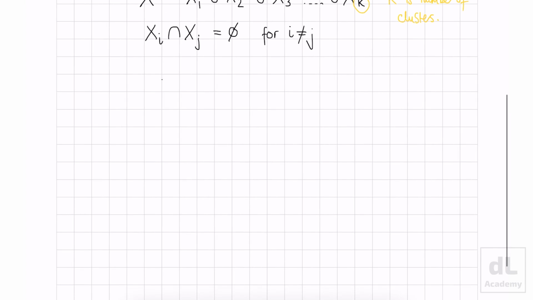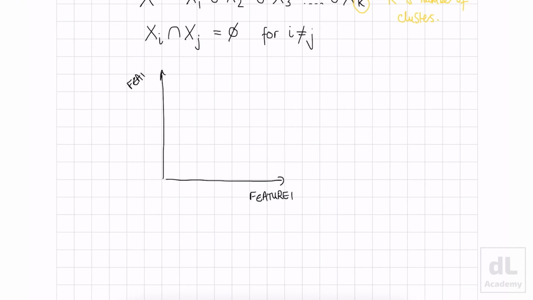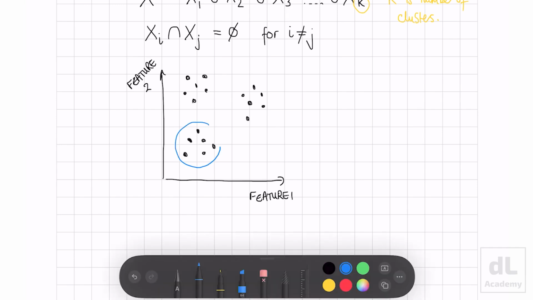Let's draw a picture. If this is feature 1 and feature 2, by feature I just mean a component of the input x. Let's make them obvious clusters. We make this one set x1, a different color x2, red x3.